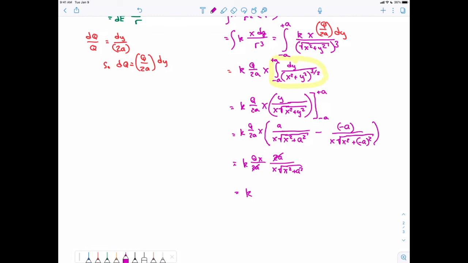So if I try to interpret this result, here's another cancellation. The x's cancel.